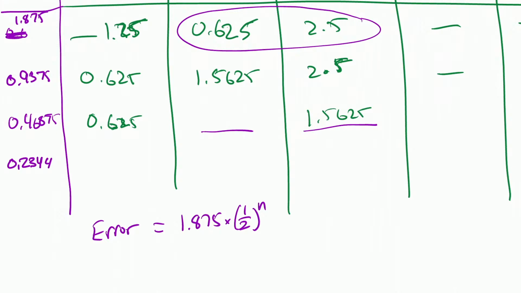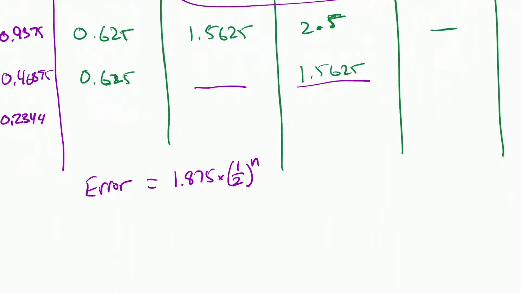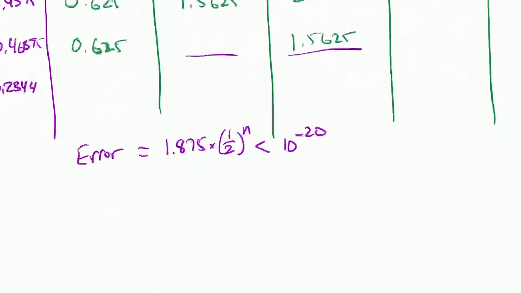So we've got a nice formula now that we know the size of the interval. And I want that to be less than 10 to the negative 20th. So for this particular problem, I just have to solve that. That's not a bad equation to solve, is it? Let's try. We have 1/2 to the n is less than 10 to the negative 20th over 1.875.